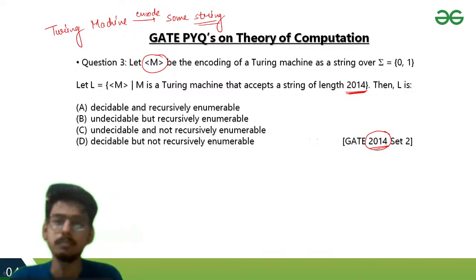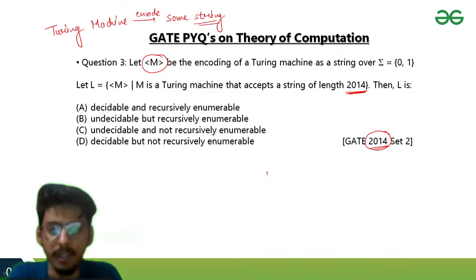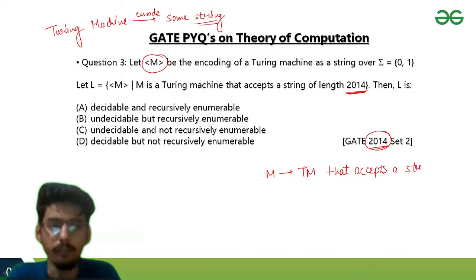So I can assume that M is a Turing machine that accepts a string of length 2014, right?